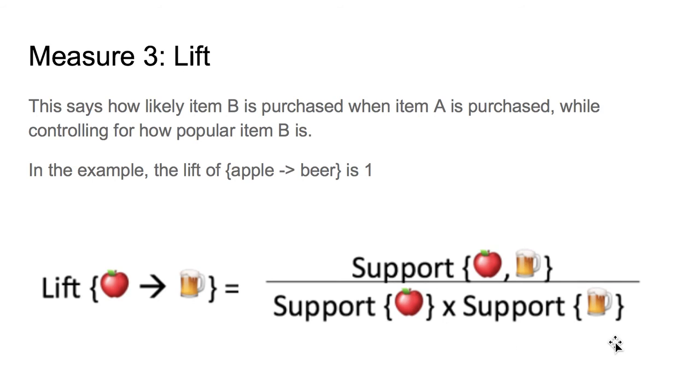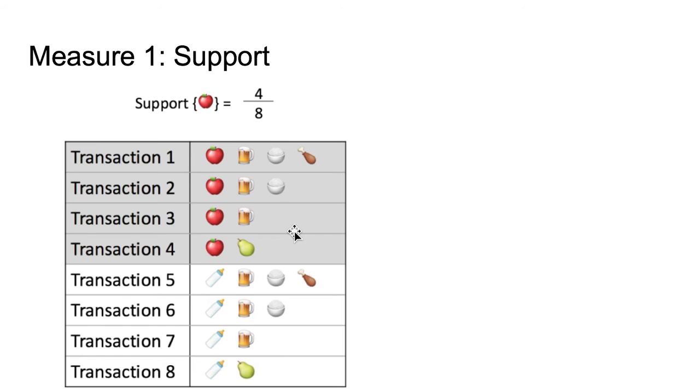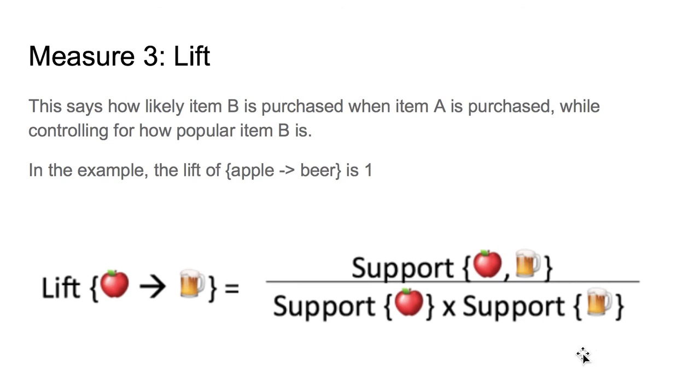What we have to look at is the support of beer. It's still very similar to before. We have to find out how many transactions contain beer, which is 6, and how many transactions in total, which is 8. Then the lift of Apple to beer is 1.